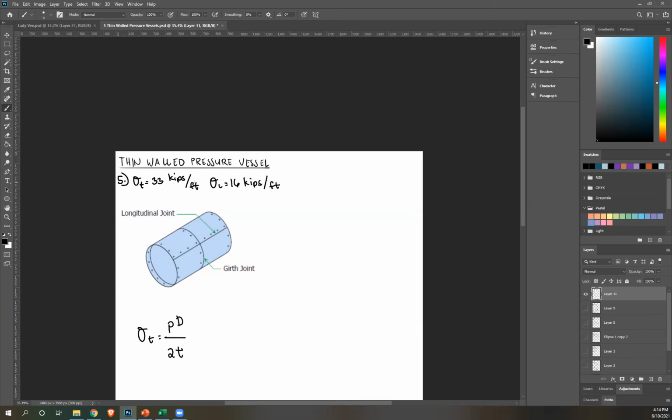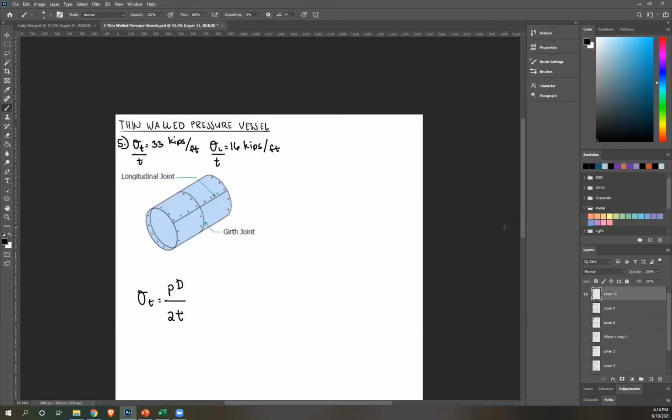However, our stress should only be kips. So this given is actually stress per thickness. That's why there's a per feet here. So I'm gonna divide both sides by t. We get stress per thickness equals PD over 2. And stress per thickness is 33 kips.